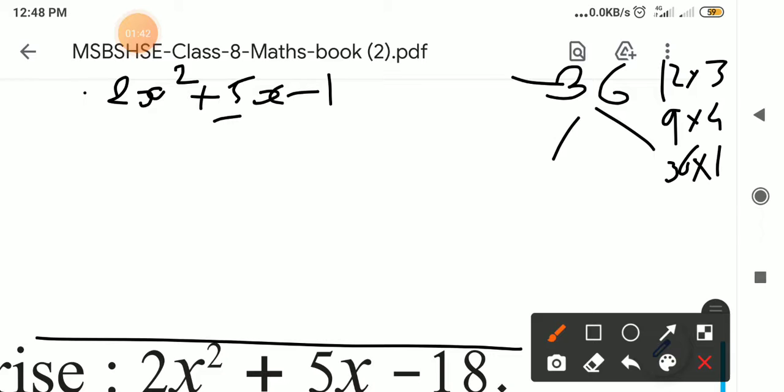Now, if I do the addition of this, it is 37 and subtraction is 35. So 12 and 3: addition is 15 and subtraction is 9. Okay, so these factors I cancelled. Now I will choose this 9 and 4. So 9 plus 4 is 13, but 9 minus 4 is 5. So I will choose the factor 9 into 4 for this.